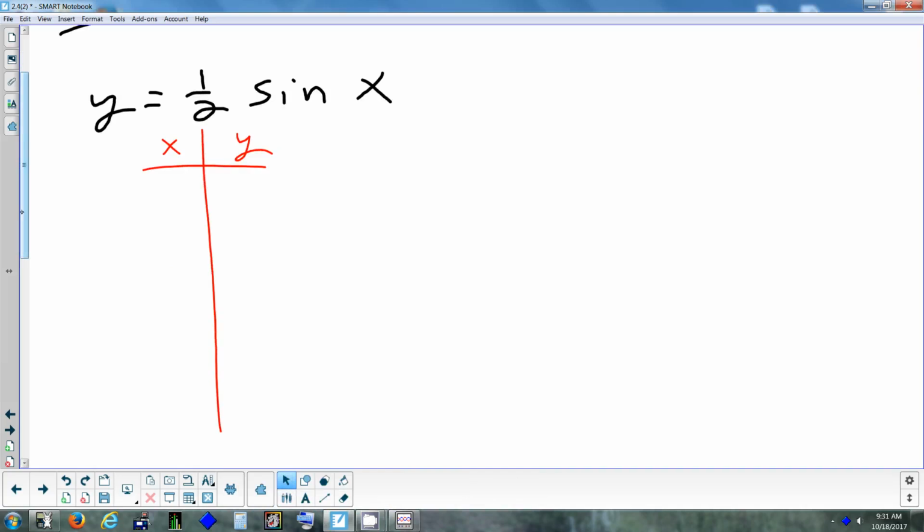All right, so first thing, this is an amplitude change. Is this going to stretch the wave or is it going to compress it? Compress. Yeah, it's going to compress. How do you know? It gets smaller. How do you know it's going to get smaller? It's by half. It's a number that's a fraction, less than 1. It's a half. Okay, so amplitude change, y values stay the same.